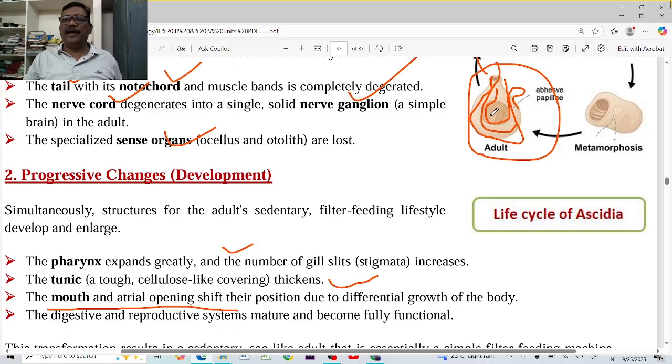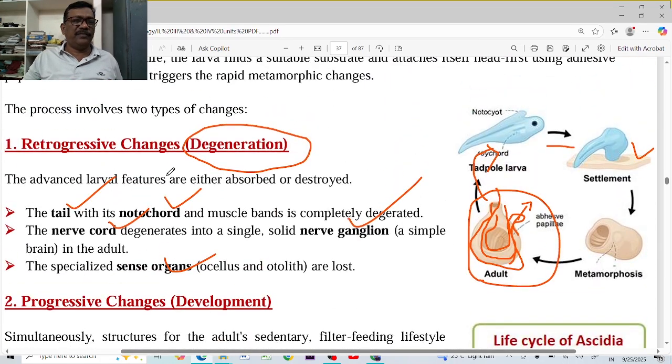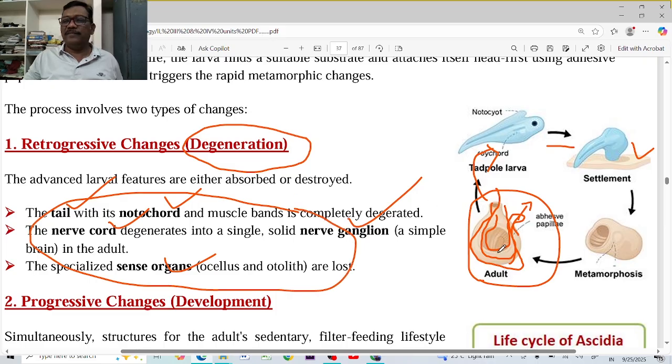The filter feeder obtains the food material. The undigested food material is expelled with the excurrent water like this. These are the retrogressive degenerated organs; all the organs are degenerated except the gill slits.